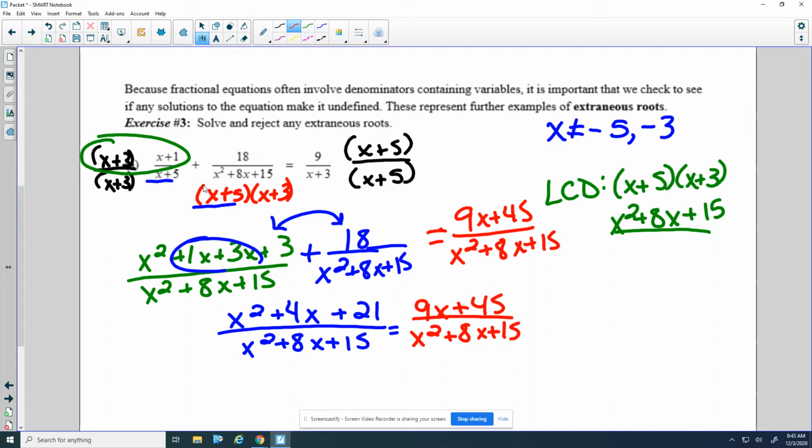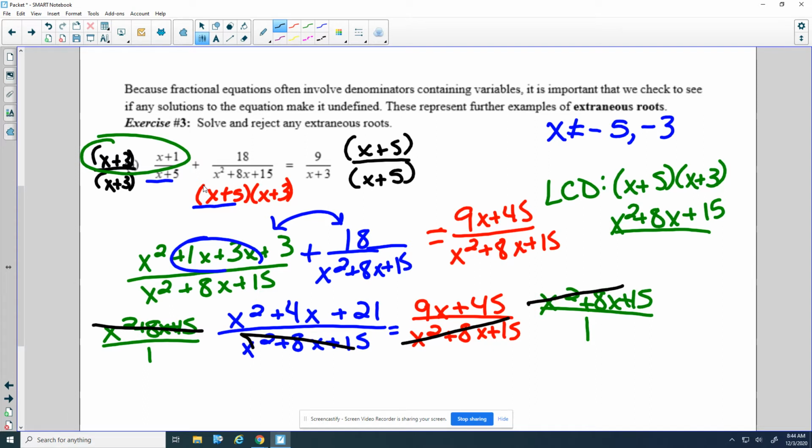So now that we finally have that common denominator, one fraction on each side, we can multiply by the LCD over 1 on both sides. And that will cancel out our denominators. And we're just going to have this more simple equation to solve.